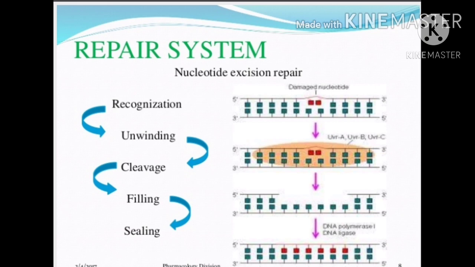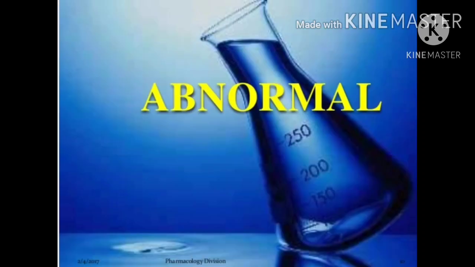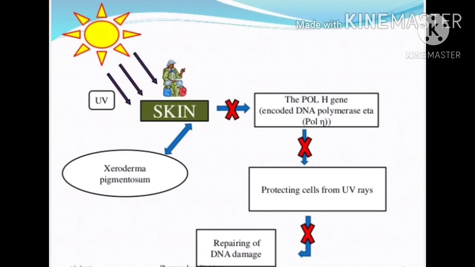Here we are removing the damaged portion of DNA in terms of nucleotides. We are excising that damaged nucleotide. Hence, this repair mechanism is known as the nucleotide excision repair mechanism. How does this normal repair mechanism become abnormal? When UV light falls on the skin, the POLH gene gets activated and normally produces the DNA polymerase eta enzyme.